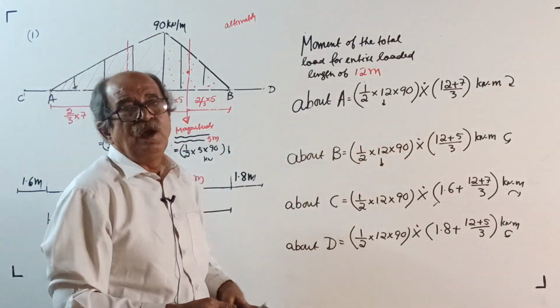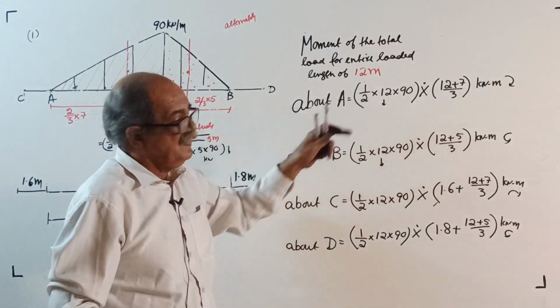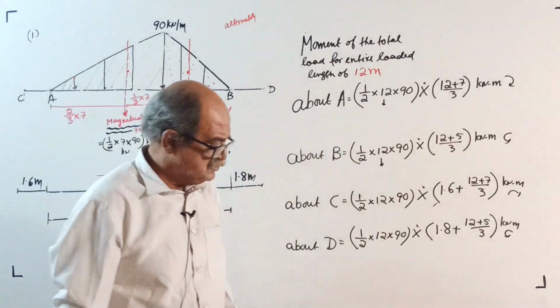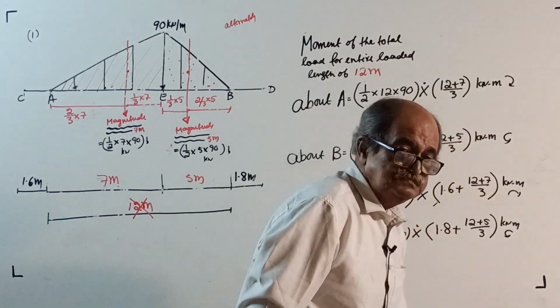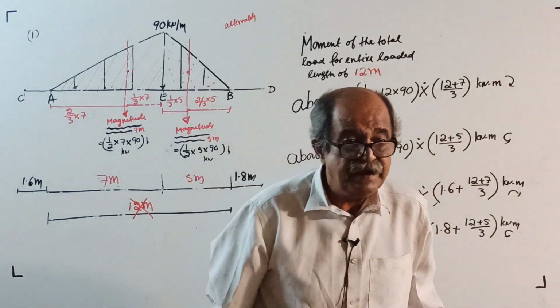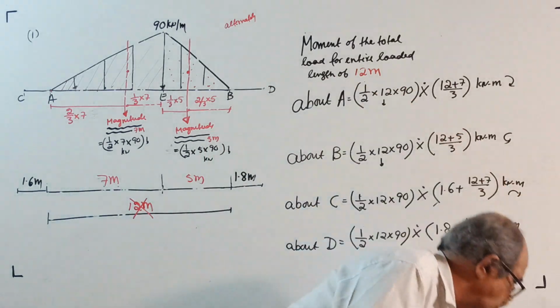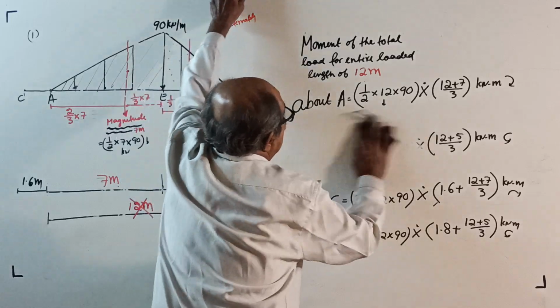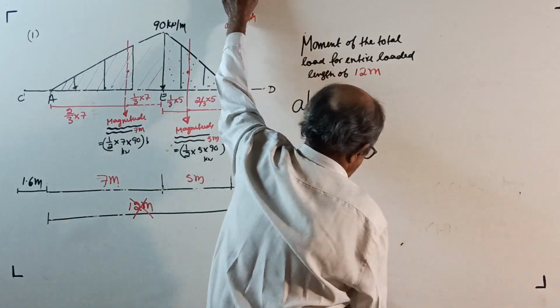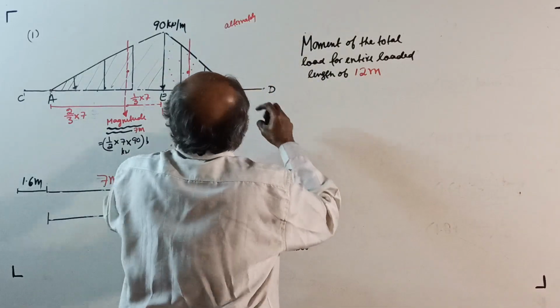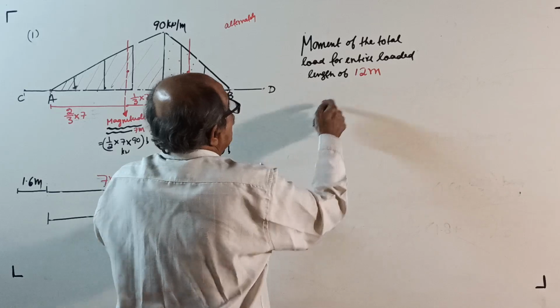When you take moment, we will do part by part. Therefore, now I will do one thing. To save the time, I can't write 2 times. I will adjust the space. Okay, I got it. This is to save the time. See, moment of the entire 12 meter length.